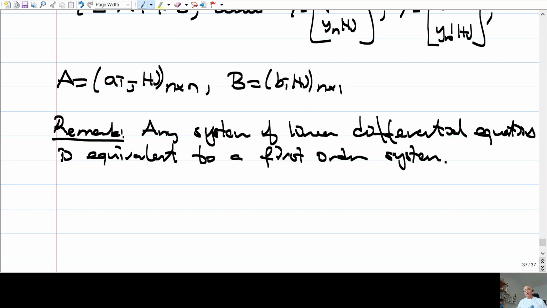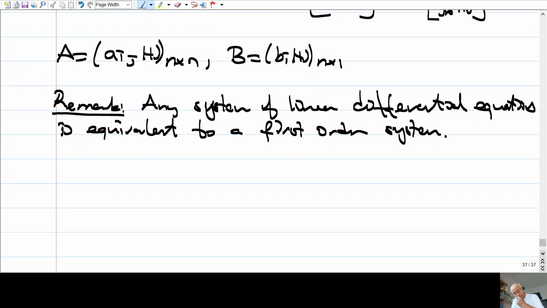Therefore, studying first order systems is not actually restrictive. You actually consider all linear systems of any order.